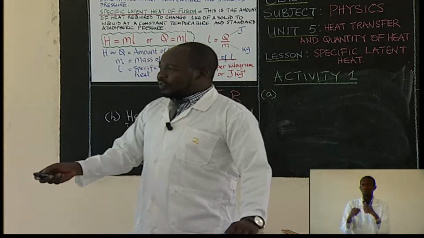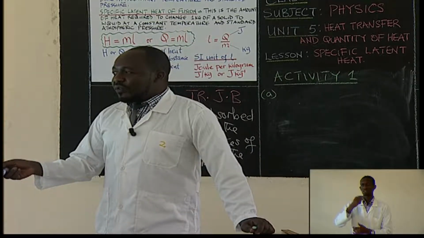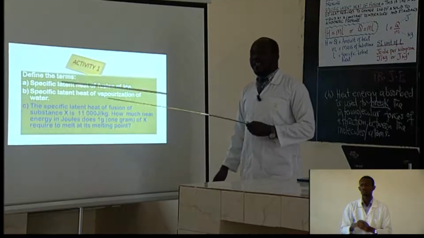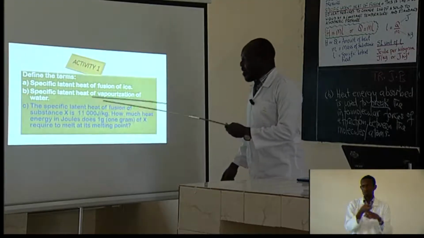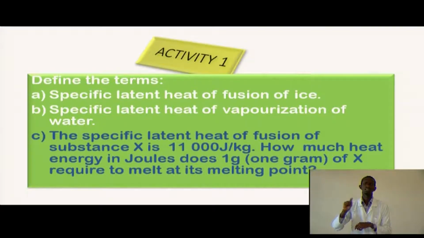Let's go to specific latent heat of vaporization of water. This is the amount of heat required by 1 kilogram of water to change its state from liquid to gas at a constant temperature. So I believe you have mastered those down.